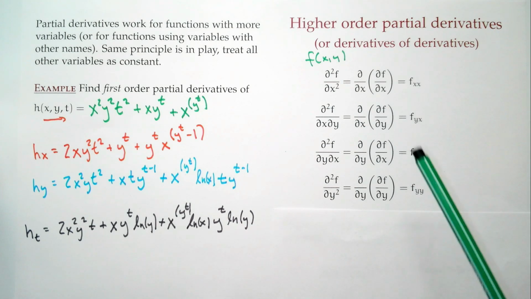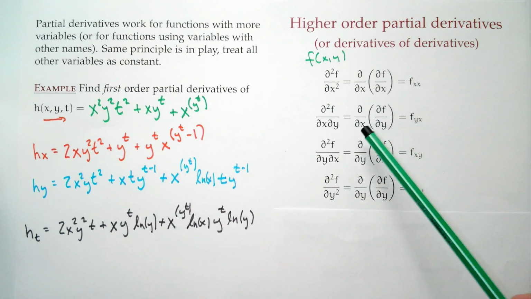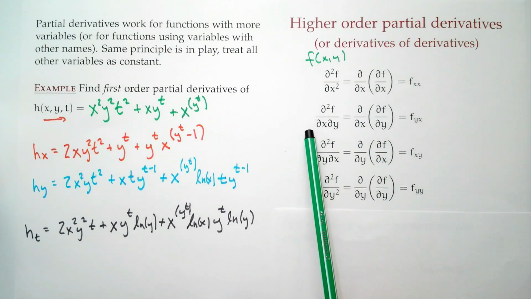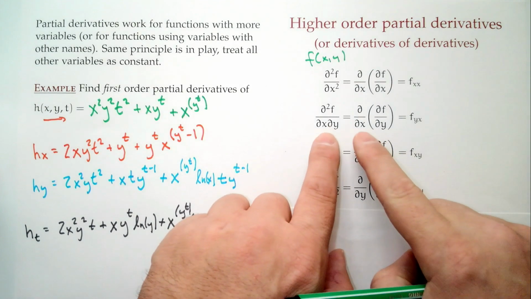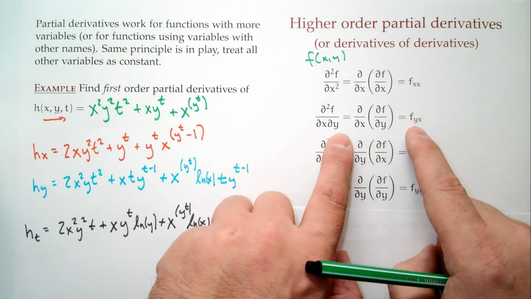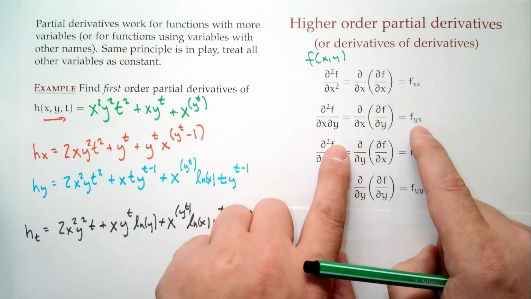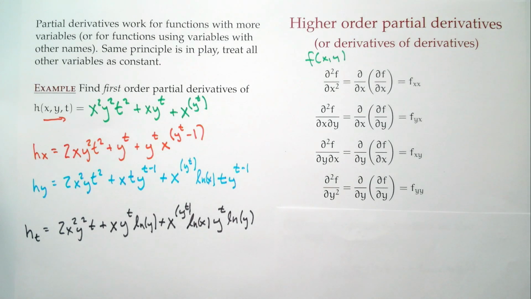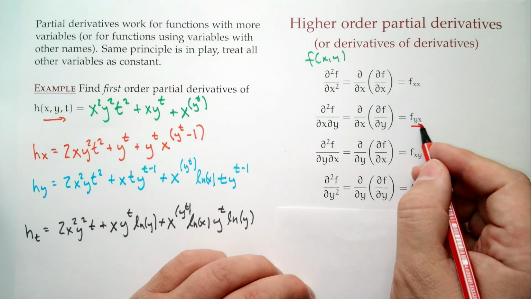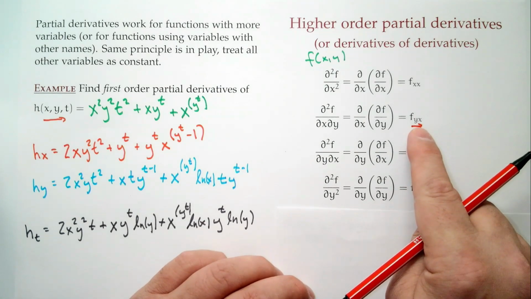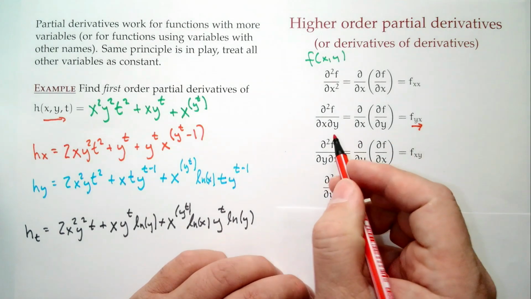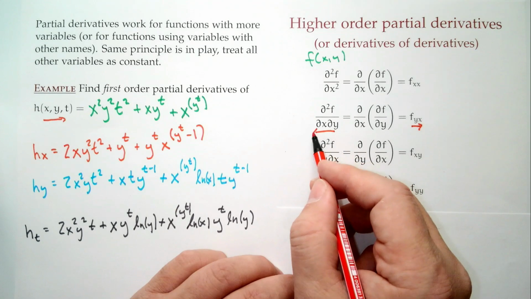I could have chosen to first take the derivative with respect to y, and then take the derivative with respect to x. So in our notation, it's either partial squared f, partial x, partial y. You'll notice here that you match partial x, partial y. In the other notation, we write it as f sub yx. So you might wonder what's going on. Well, it's just a matter of how you read things. When you're reading f sub yx, the first term is the first derivative, the second term is the second derivative. On the other hand, in this notation, you work in the other direction.